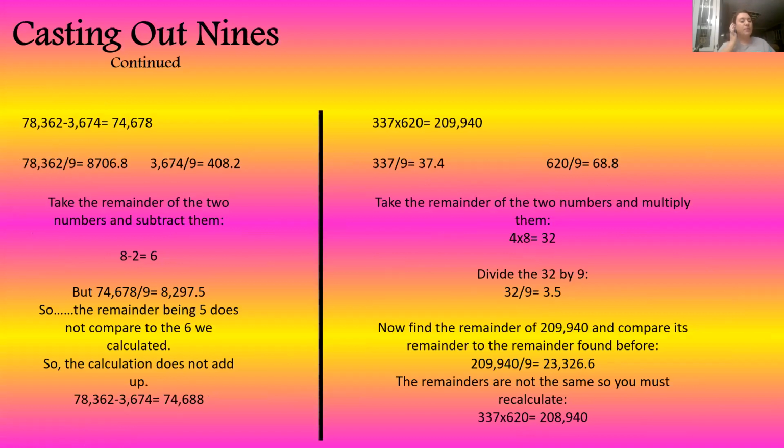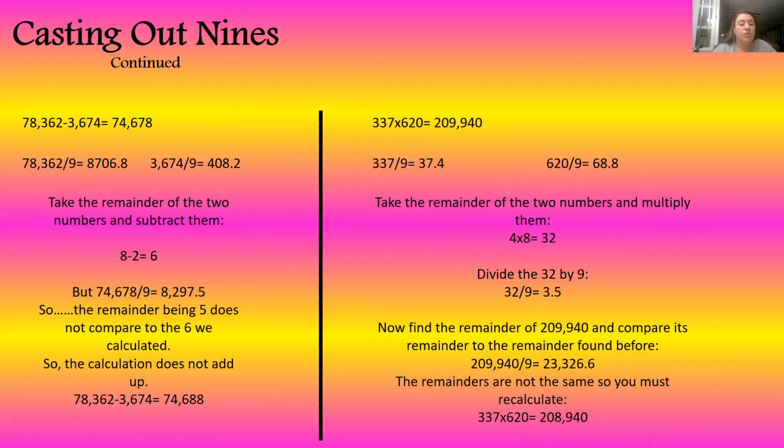Okay, so casting out nines continued. So now we have 78,362 minus 3,674 equals 74,678. So you do your 78,362 divided by 9, which gives you 8,706.8.